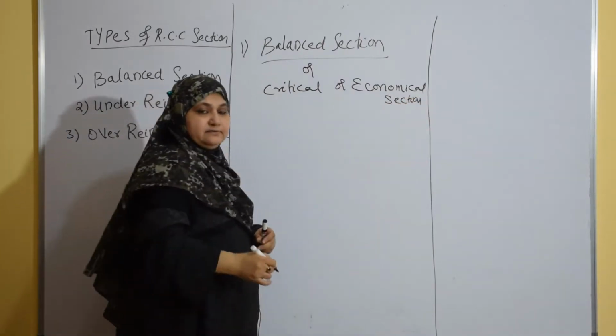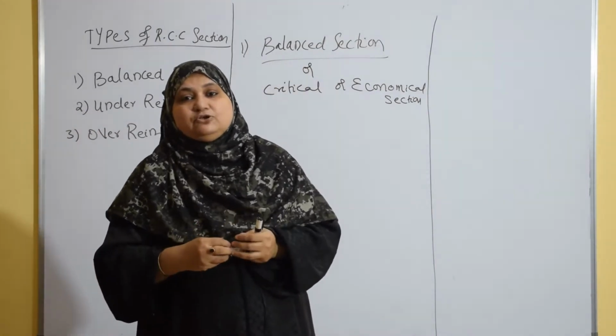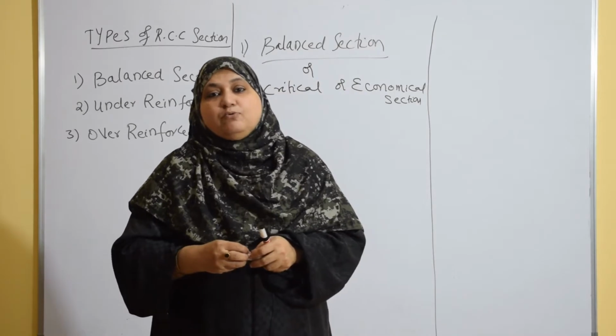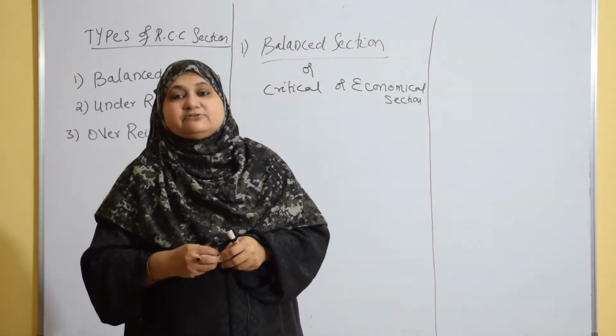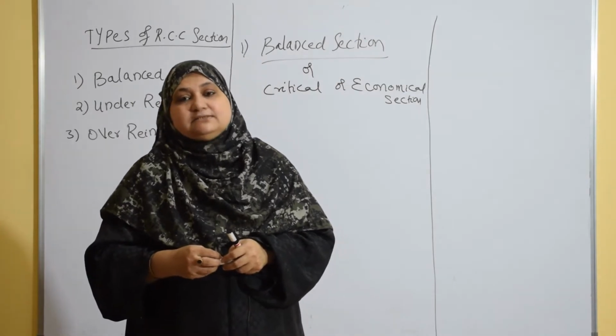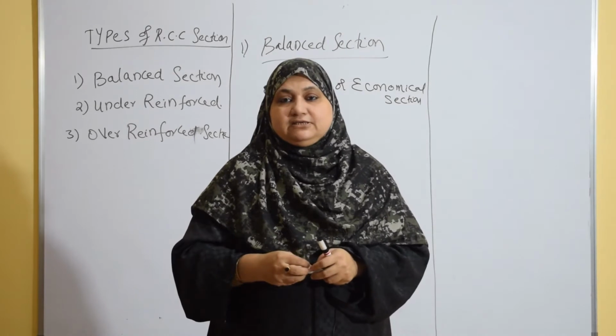I repeat, steel is provided of such a magnitude that the stress in concrete and steel both reach their maximum permissible stress simultaneously. Such a section is known as balanced section, economical section or critical section.